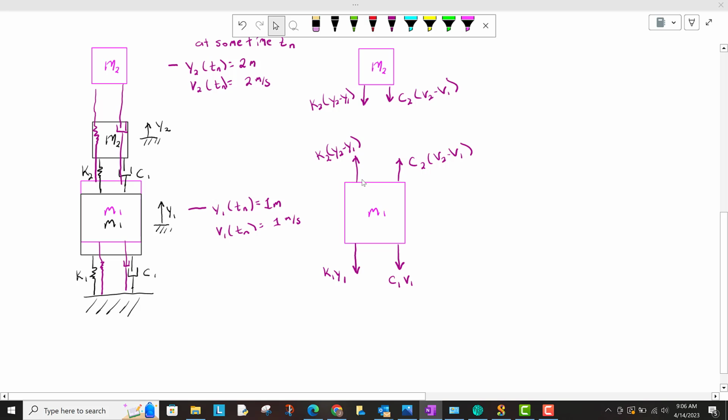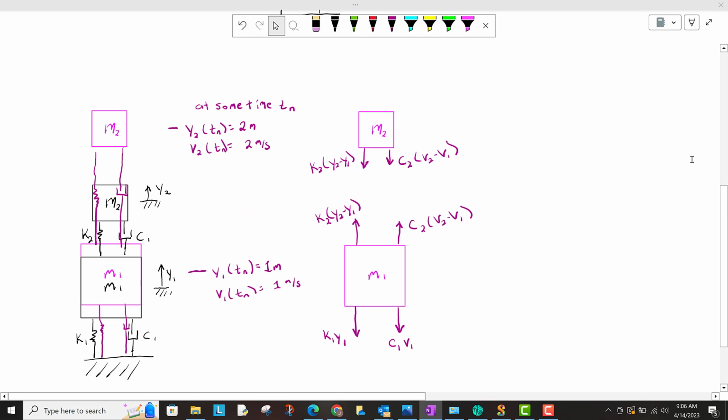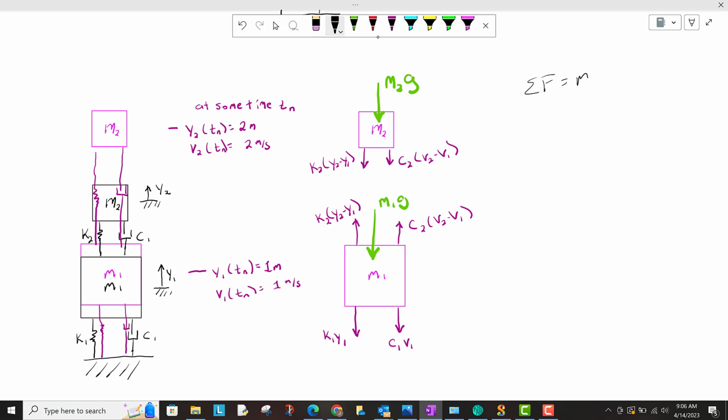Now, if you want to formulate Newton's second law for these masses, that's relatively easy. We simply have to add our body forces. So here is M2 times G, and here's the body force acting on mass 1. That's going to be M1 times G. And then our equations of motion, sum of the forces equals mass times acceleration, and we'll do these in the y direction.